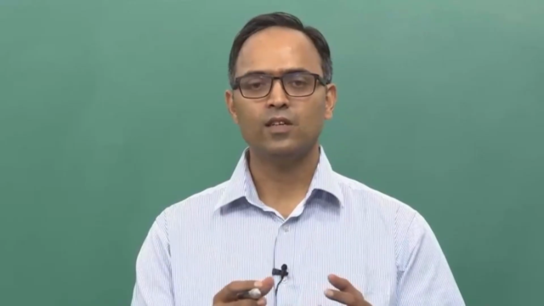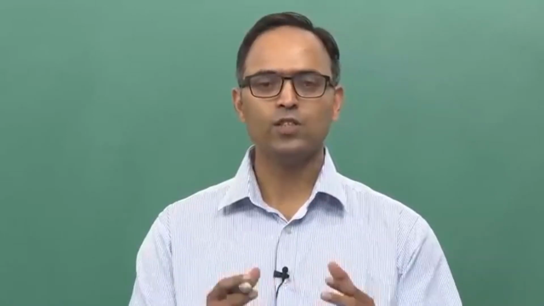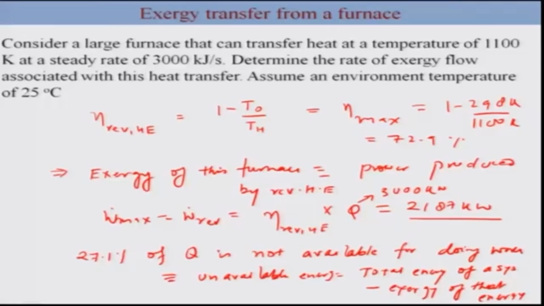In this case, out of 3000 kilojoules per second, only 72.9% is available for doing work, and the rest of it is unavailable, and that is what this analysis demonstrates. This is based on the reversible heat engine efficiency which we have used, assuming the furnace was used as a reservoir to supply heat to the reversible heat engine.